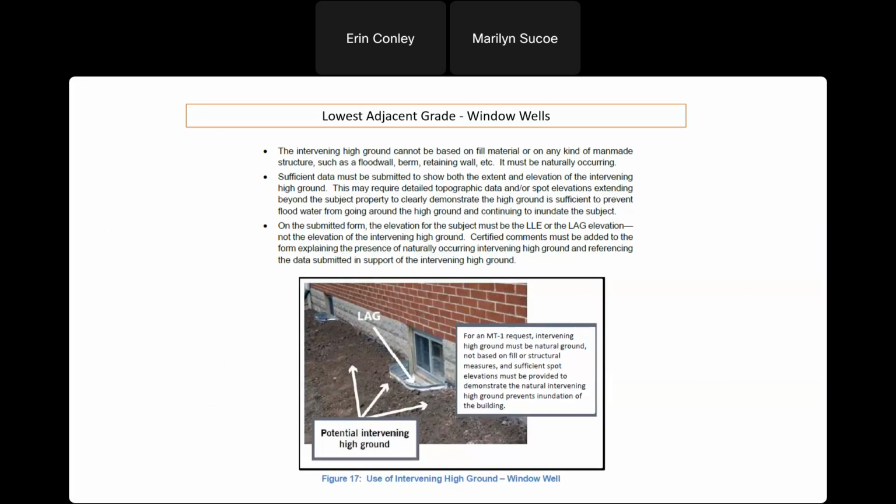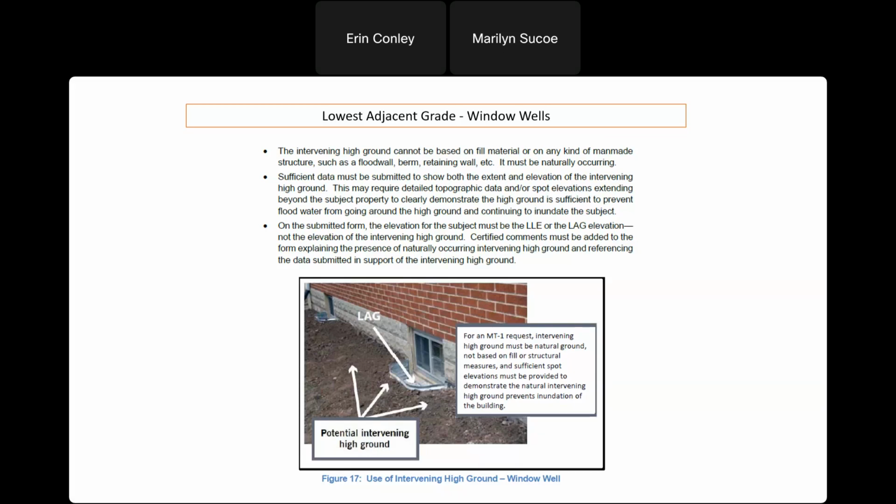As long as that ground was already outside, that's why if someone is building a home with a basement, they should be getting a letter of map revision or a letter of map amendment before they build. We move the area of high ground from the floodplain first, so that there is no question of whether the area was already above the base flood elevation.